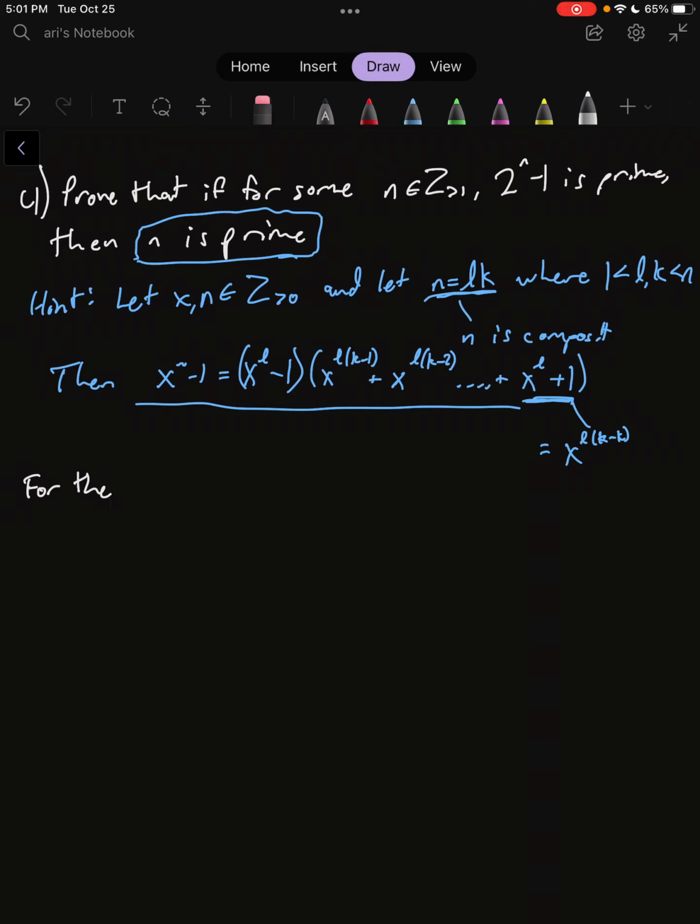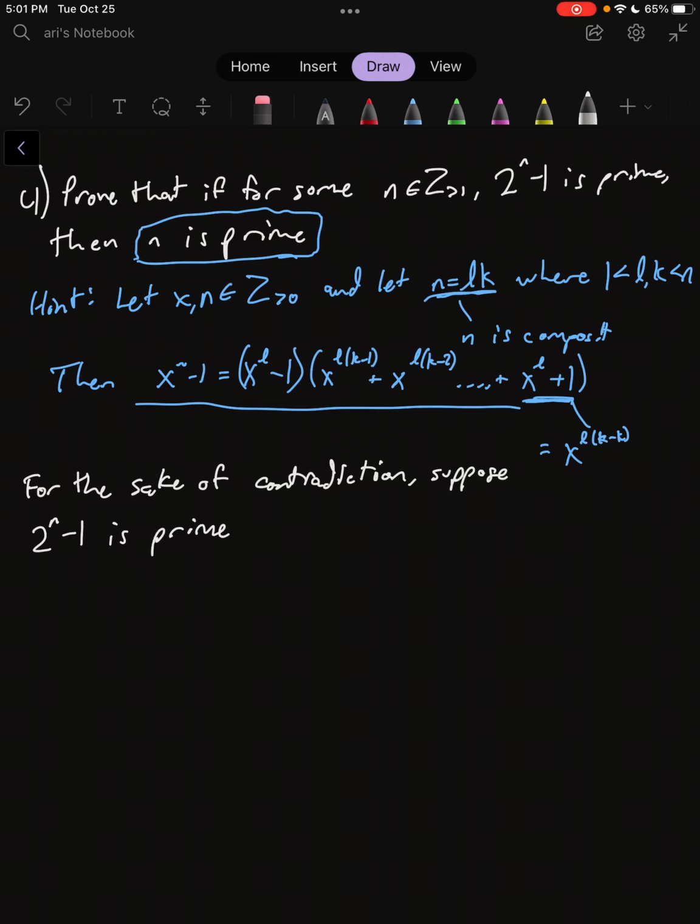So for the sake of contradiction, suppose, what do we want to say? We're going to keep our premise the same, but we're going to flip our conclusion. That's what we do in a proof by contradiction. So we're going to suppose that 2 to the n minus 1 is prime.